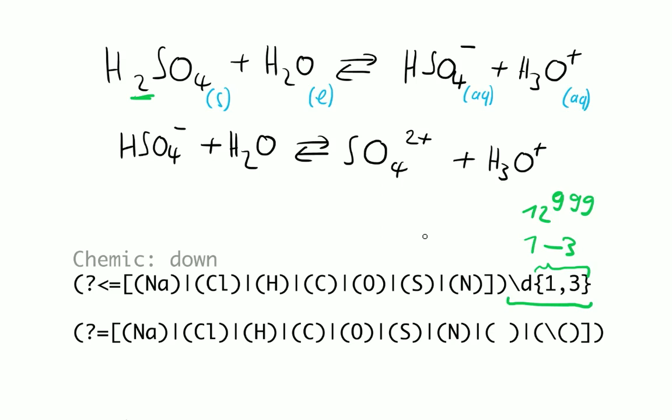Then we have additional conditions that need to be fulfilled to get this GREP style applied to our number. The first one is the look in front. This is a bracket, question mark, and then this symbol, what we should look for, and we close this again with a bracket. In here we have all our elements, our chemical elements, for example sodium, chlorine, and so on.